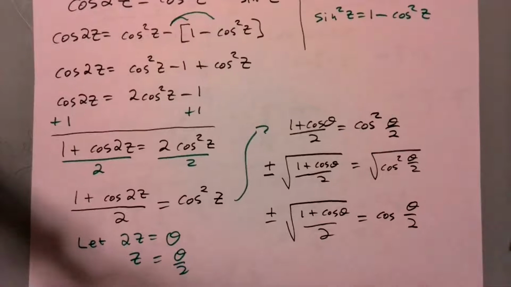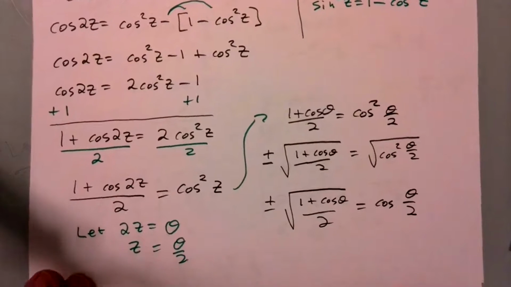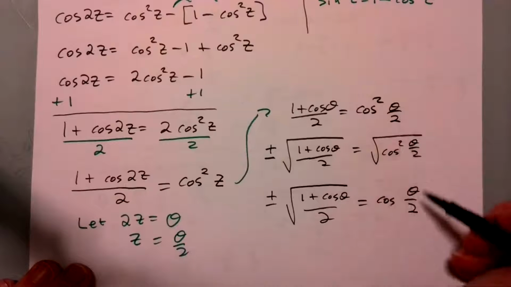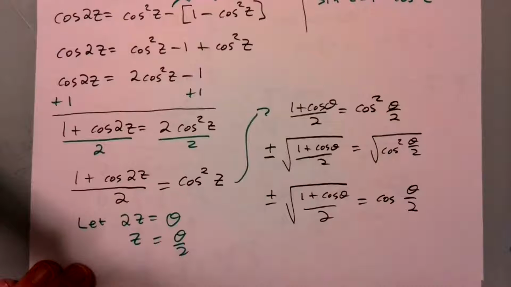Now, how do you know if it's plus or minus? You have to think about the quadrant. If theta is in the first quadrant, theta over 2 is in the first quadrant, you would use plus. If theta is in the fourth quadrant, that means it's more than 270, half of that is more than 135.